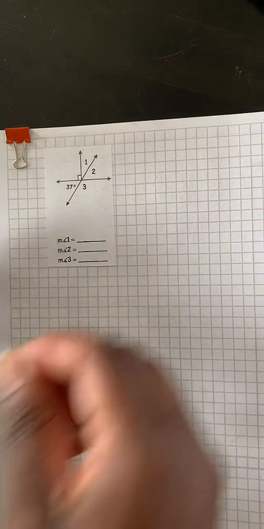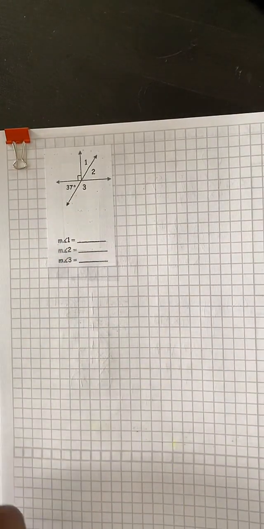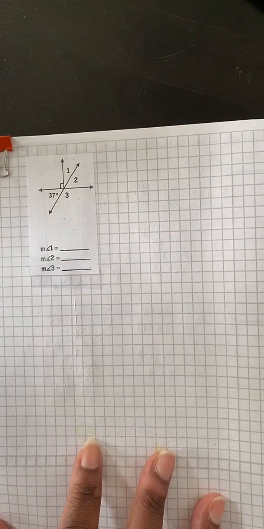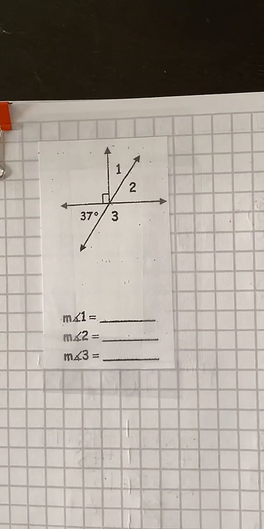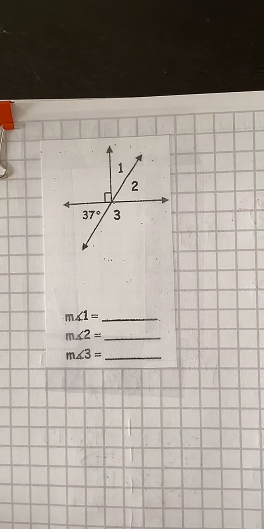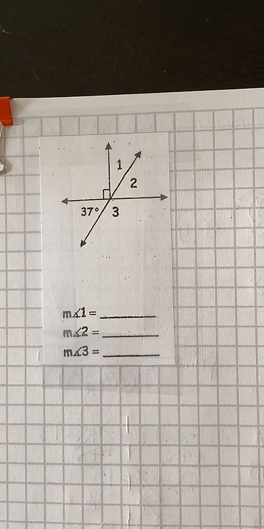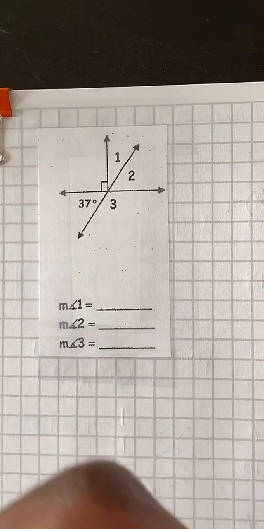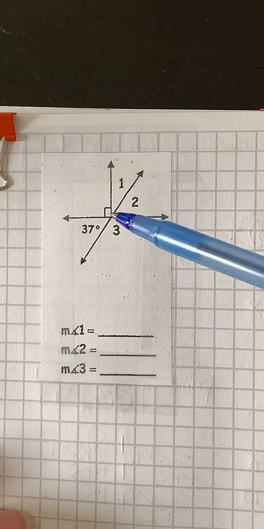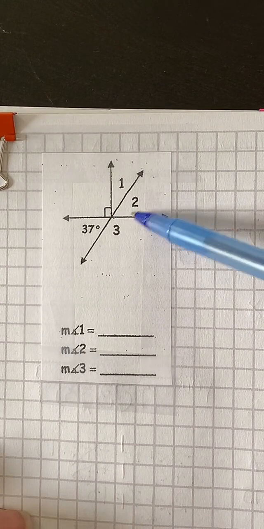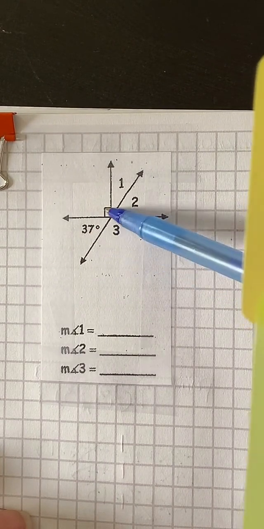So now we're going to look a little bit more into those vertical angles. Sorry. Major zoom. Okay. All right. So now we've got a couple situations going on here. We need to figure out what angle 1 is, what angle 2 is, what angle 3 is, and this is helping us.